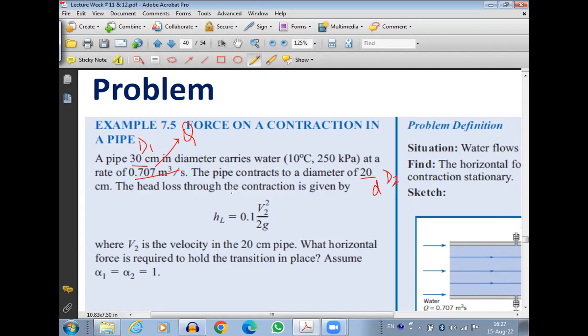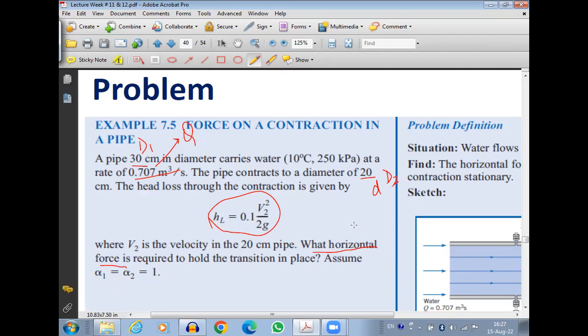The head loss through the contraction is given by this. This is the head loss given by the contraction, HL, where V2 is the velocity in the 20 centimeter pipe. What horizontal force is required to hold the transition in place? So they're asking force.